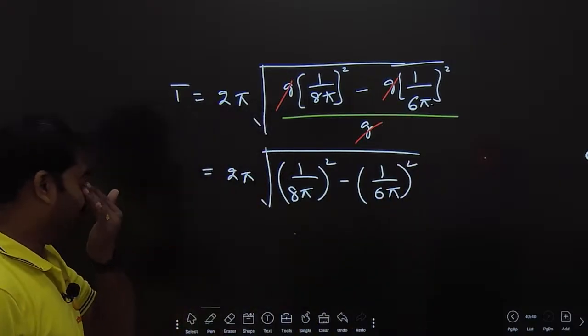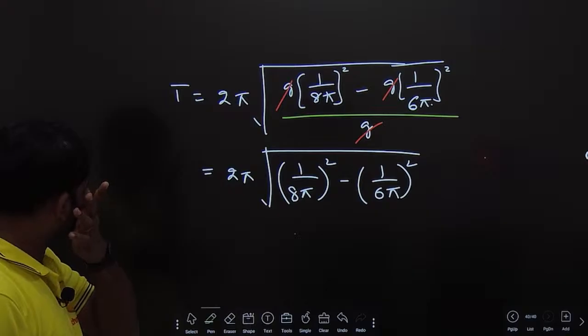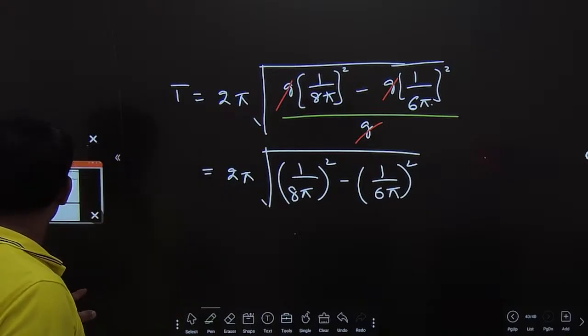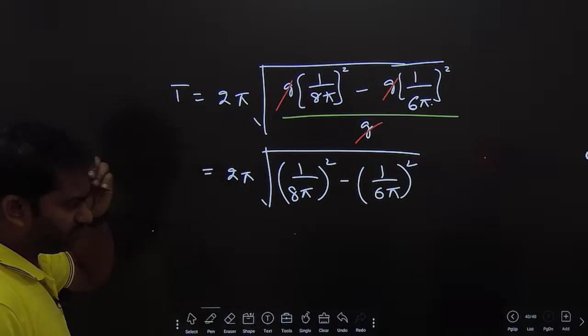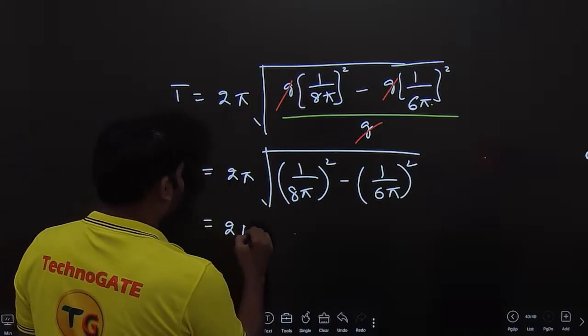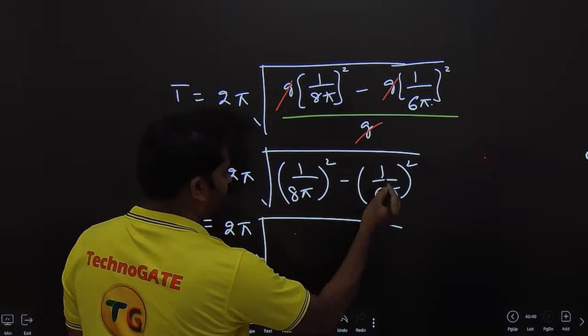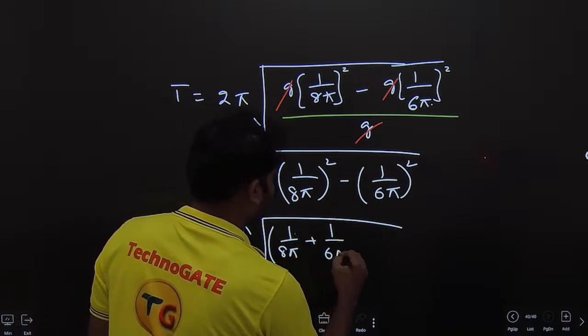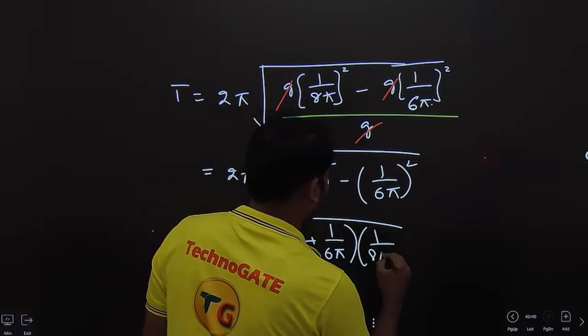Let us simplify this to get the value of the time period. This will become 2 pi under root a square minus b square, which is a plus b into a minus b.